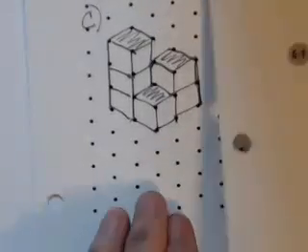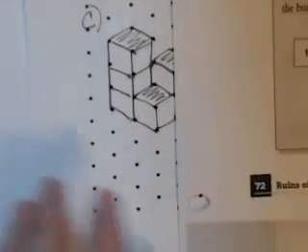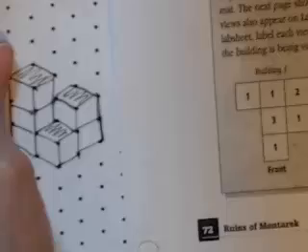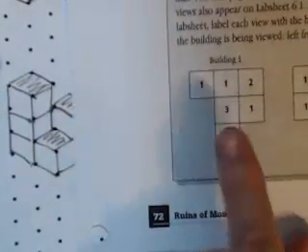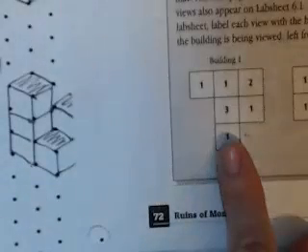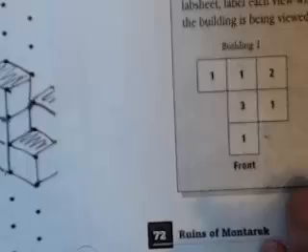And I want you to draw on isometric dot paper the 3D image for this base plan.